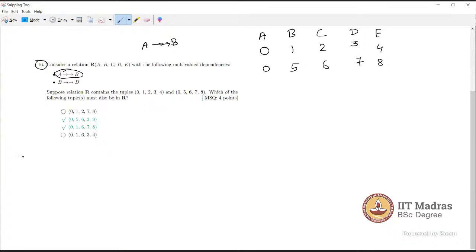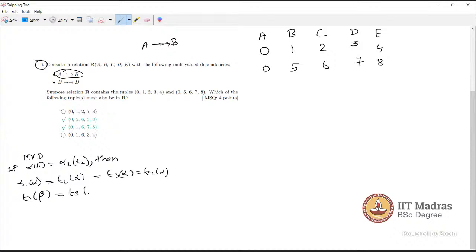Sir, based on the definition, if alpha multi-determines beta, then there exist tuples T1 and T2 such that if T1 of alpha equals T2 of alpha, then T3 of alpha equals T4 of alpha, and T1 of beta equals T3 of beta, and T4 of beta equals T2 of beta.